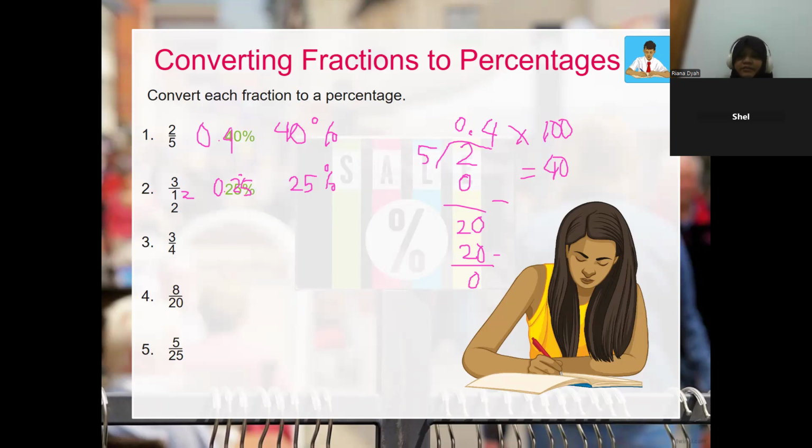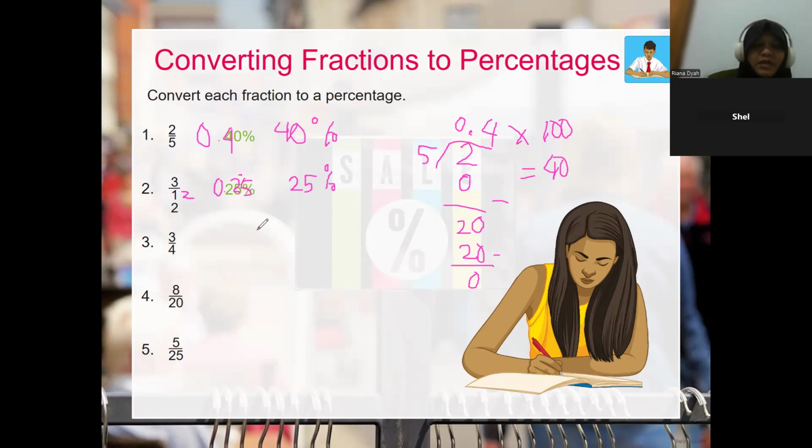How many do you get for number 3? Is it 0.75? Yes, correct. 0.75.